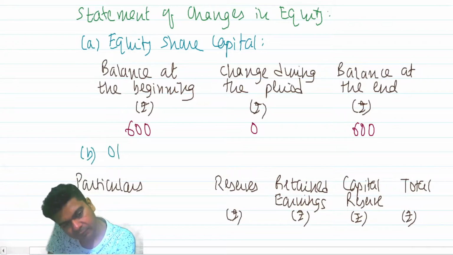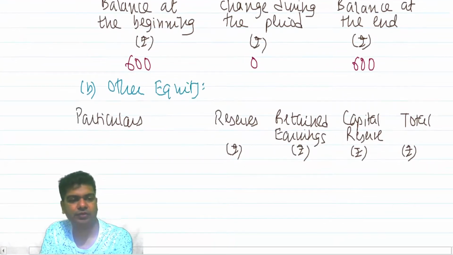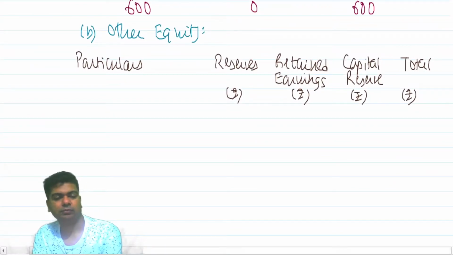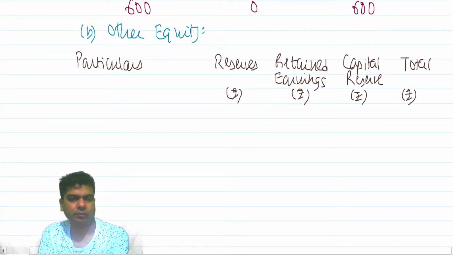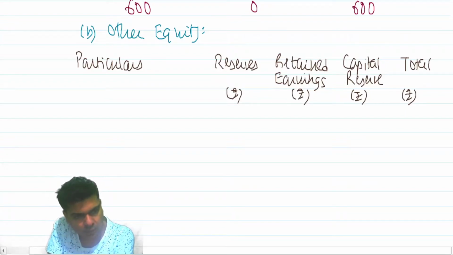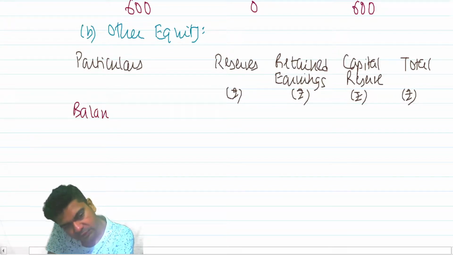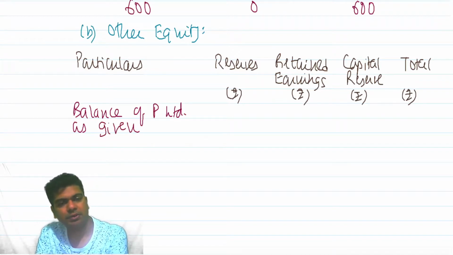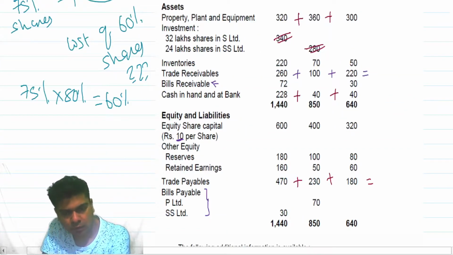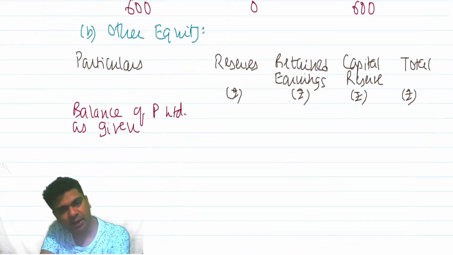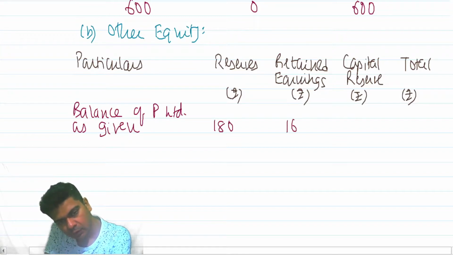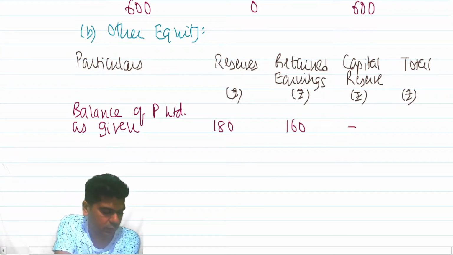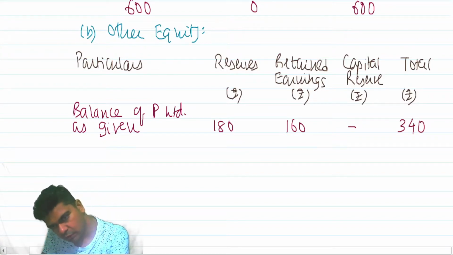And then part B will be other equity. We say here balance of P Limited as given. Check with the balance sheet. 180 and 160. $340.